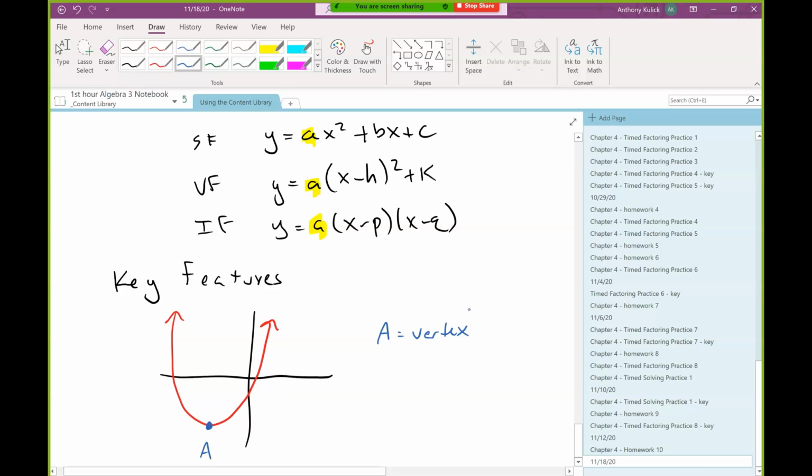The first key feature is called the vertex. That's either the lowest point on a parabola that opens up, or the highest point on a parabola that opens down.